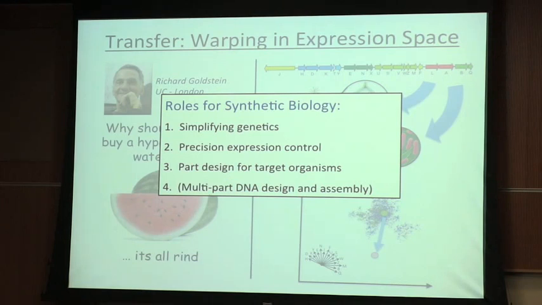We also have tools to allow us to very precisely control expression levels so that after the transfer, you can then go back in and tune the expression levels to be just right to get activity. Some of the part design that we've done for E. coli and other organisms can be applied to new hosts. And then by the end, you'll see how our ability to construct very large and sophisticated pieces of DNA actually helps us with this process tremendously.